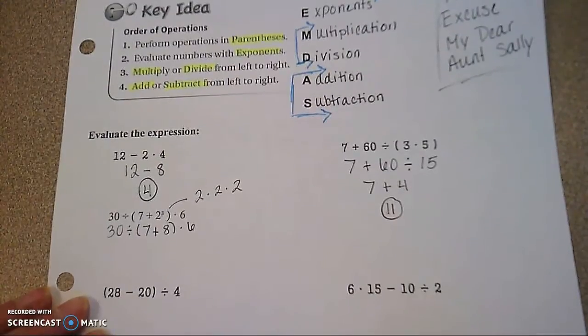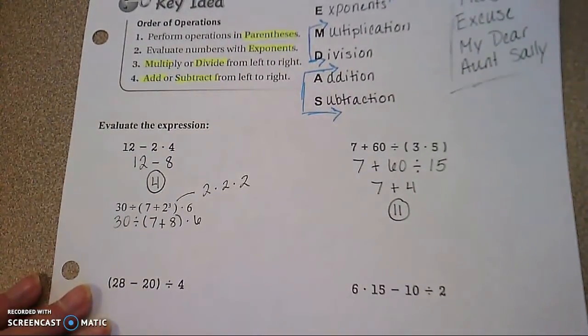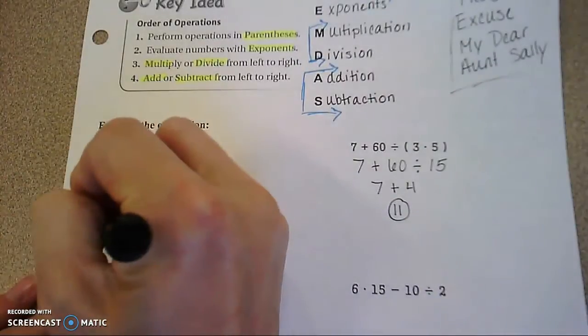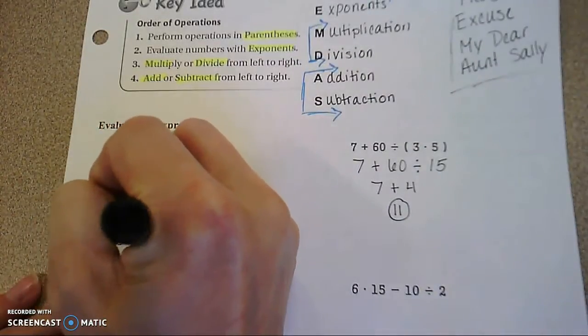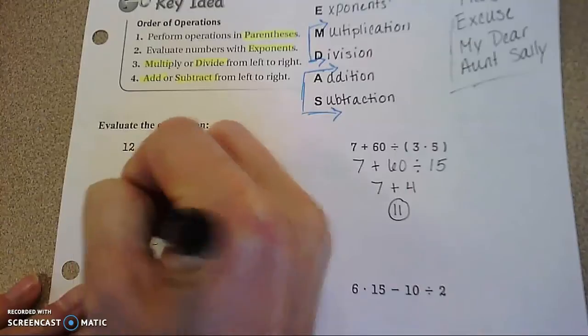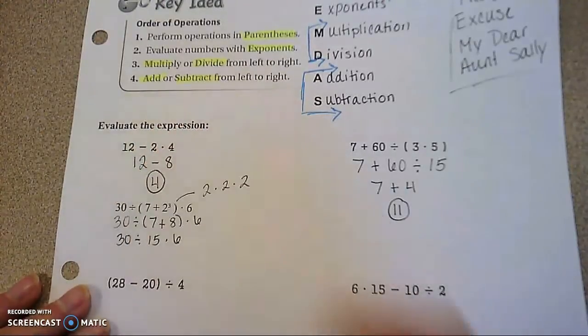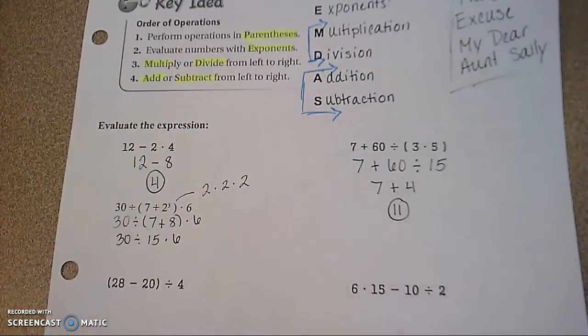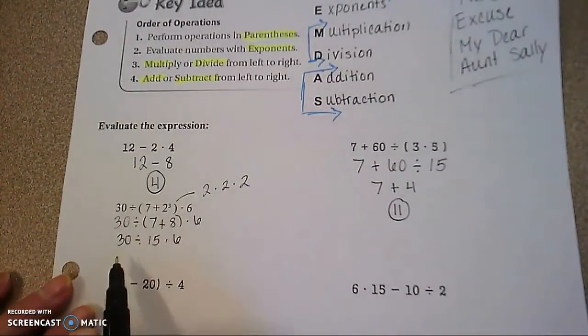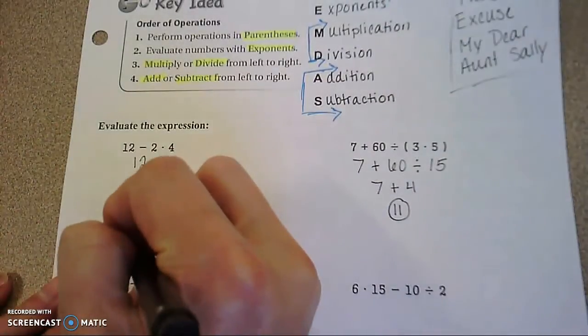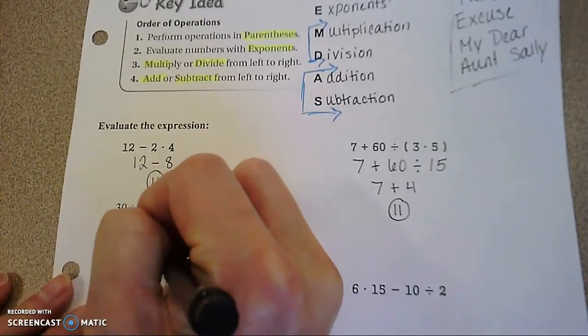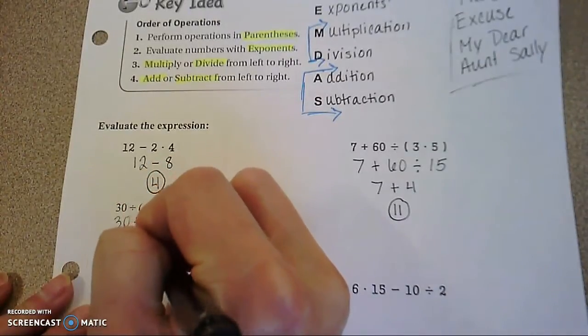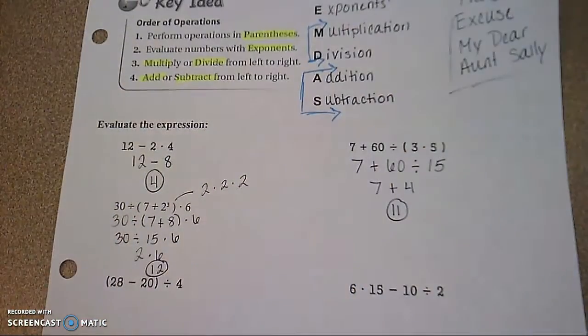So I just rewrote the problem again. Now I'm going to rewrite it, but solving what's in parentheses. Okay, and then I'm going to keep going here. I've got division and multiplication both. So now I just go from left to right, whatever comes first. So 30 divided by 15, there's 2 times 6. We get 12 there.